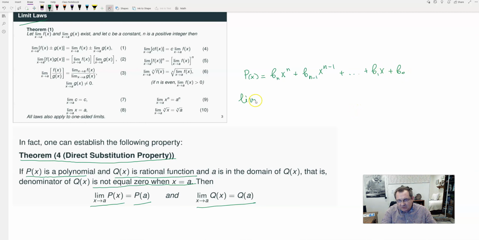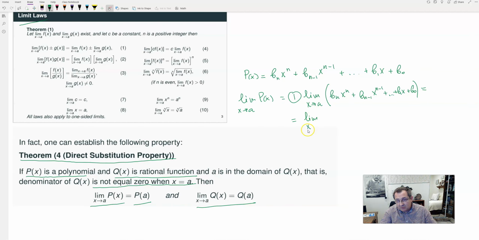Now, if we try to take the limit of the polynomial p of x as x is approaching a, we can start by using formula 1 and breaking the limit of a polynomial, which would be the limit as x approaches a of this entire sum, bn x raised to n plus b(n-1) x raised to n minus 1 plus dot dot dot plus b1 x plus b0. We will replace it with the sum of the limits.